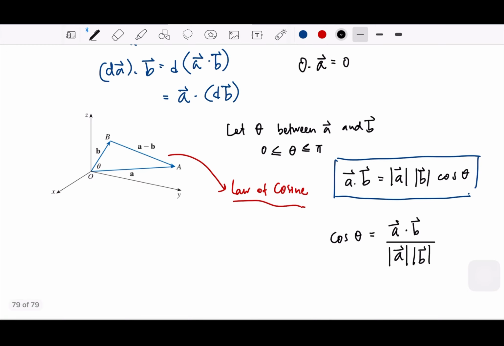And then by looking at this formula, we also know that if we compute this A dot B, and if the result is 0, then vectors A and B are orthogonal, meaning theta is pi over 2, or 90 degrees.